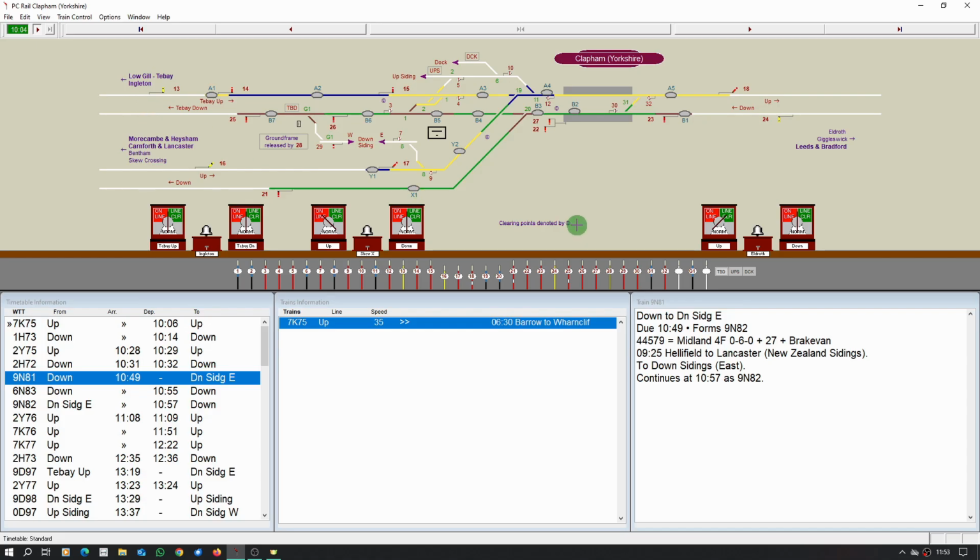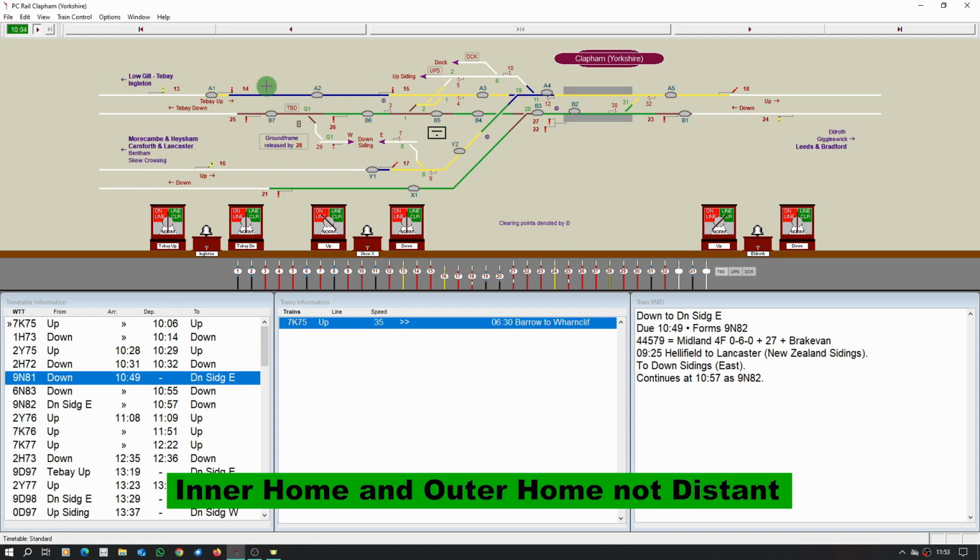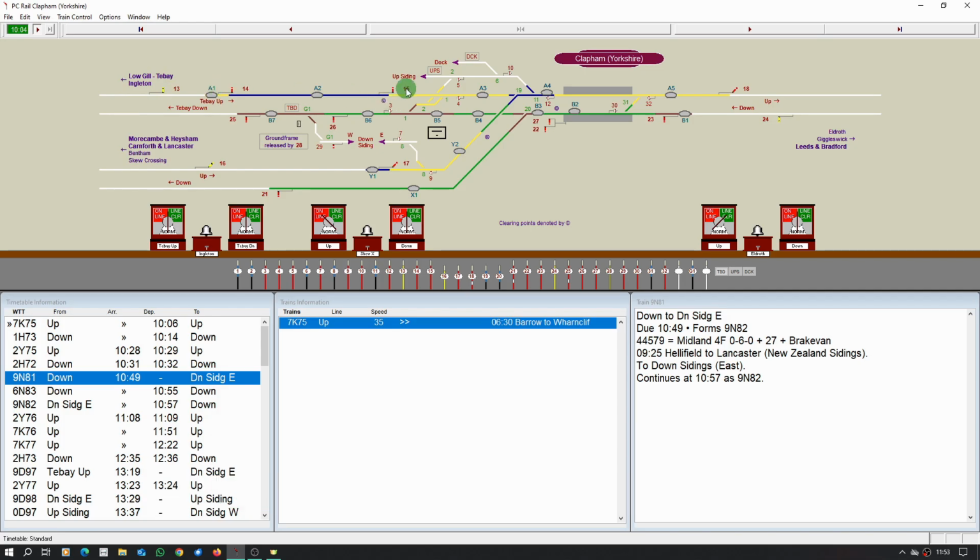One thing I've not mentioned is the clearing point. These are marked. We've got an inner and outer distant on the branch from T-Bay, so the clearing point is the inner home, number 15. There's only one home signal on the main line, but the clearing point is just here, so it doesn't affect the junction.